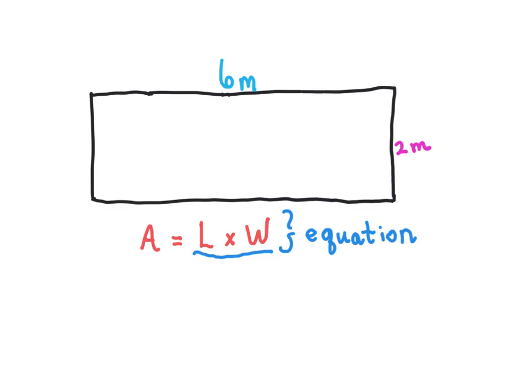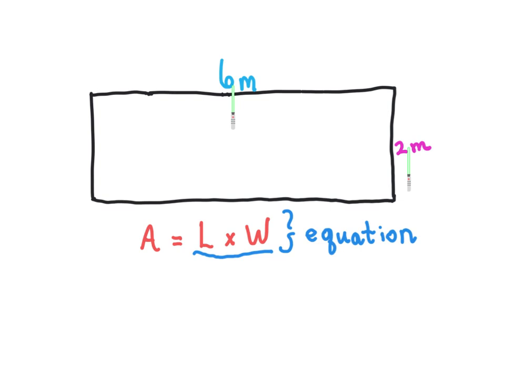Now it doesn't really matter where you plug in that 6 and that 2, because when it comes to multiplication, you can put them in any letter and they're still going to get the same product. So here we have our equation, A is equal to length times width.